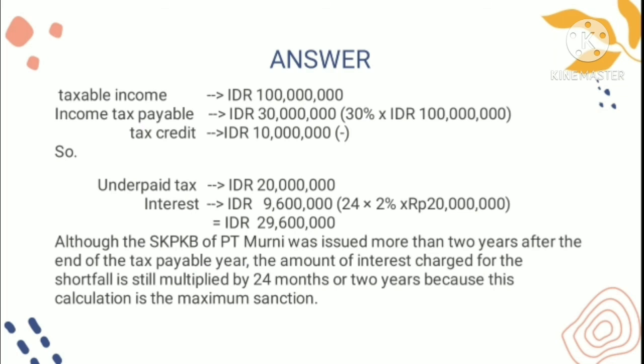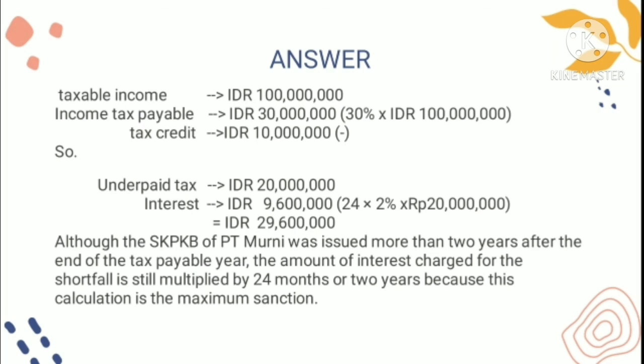So now we will calculate the interest. The calculation is 24 times 2% times 20 million. So the result of the calculation is 9.6 million. So the total that PT Murni has to pay is 29.6 million.